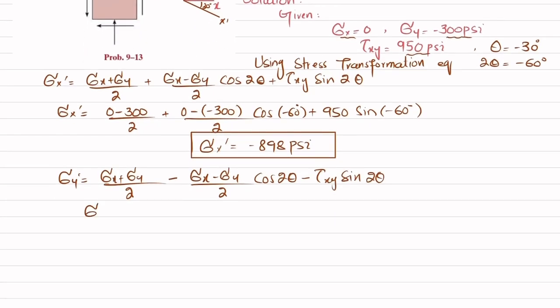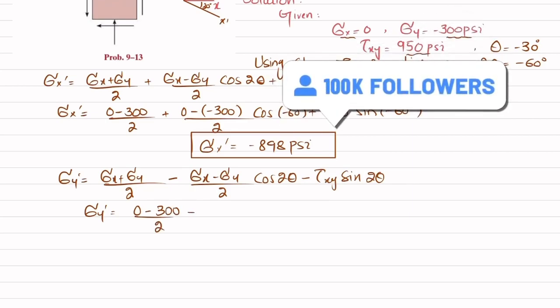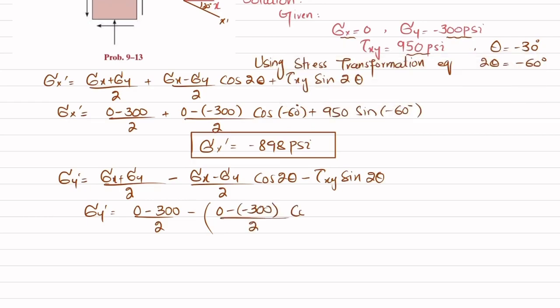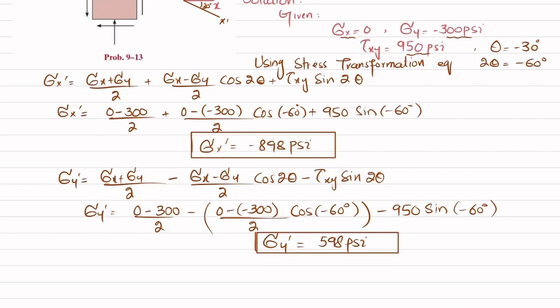So put the values, you will get sigma y dash is equal to 0 plus minus 300 divided by 2 minus 0 minus 300 divided by 2 into cos of minus 60 degrees, and minus 950, which is tau of xy, into sine of minus 60 degrees. So again, when you solve this, sigma y dash comes out to be 598 psi.